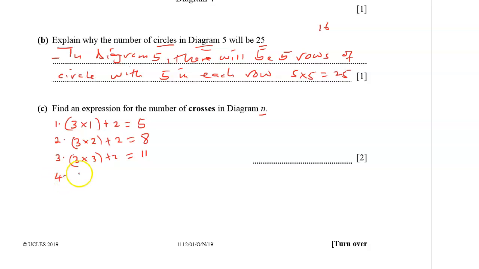Diagram 4 will be 3 times 4 plus 2. This will give us 14, and so on and so forth. So when you arrive at diagram n, this will be 3 times n plus 2. So the expression for the number of crosses in diagram n will be 3n plus 2.